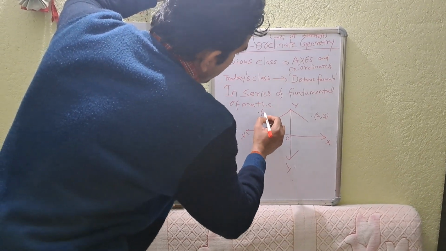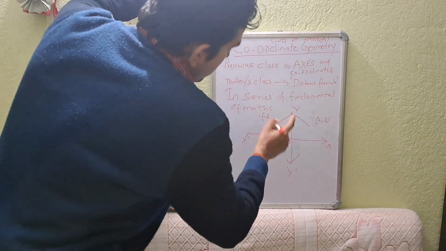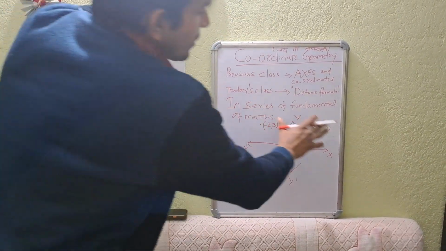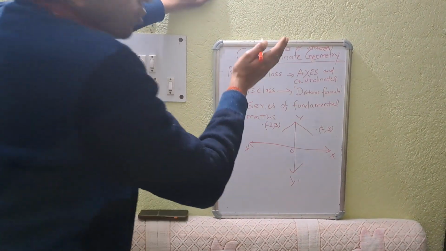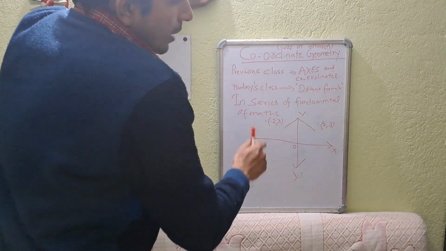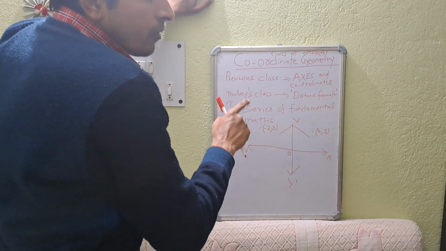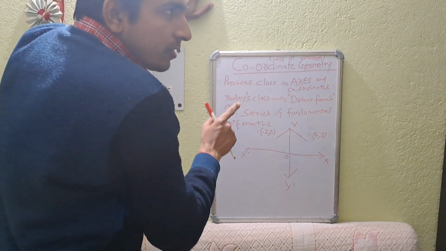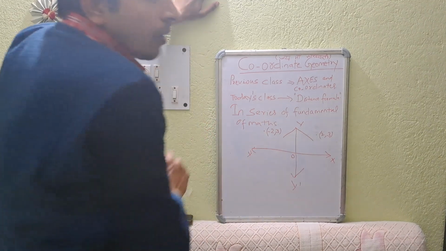Suppose it is (-2, 3). So these two points are lying anywhere in the space, whose coordinates we had already defined using this image. The x value is 2, y value is 3 for the first quadrant, and the x value is -2, y value is the same, that is 3, for the second quadrant.